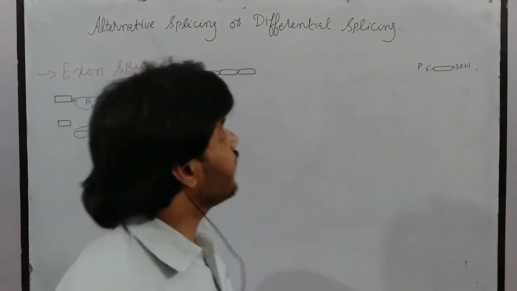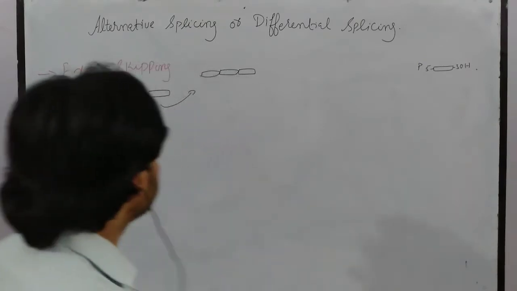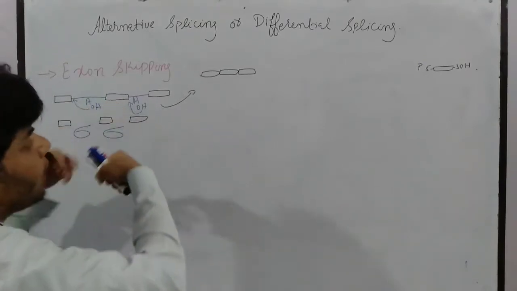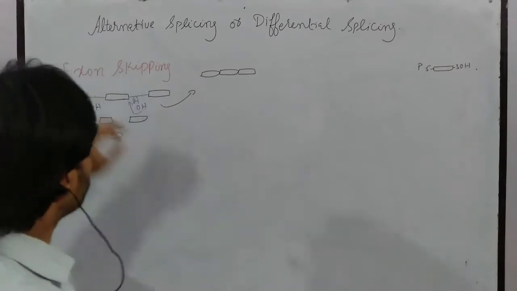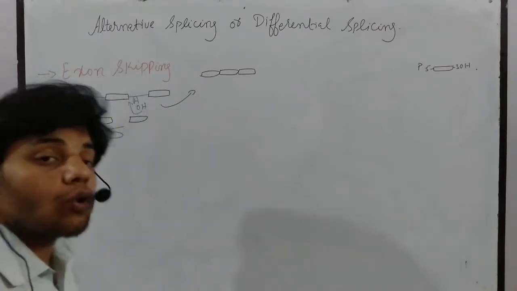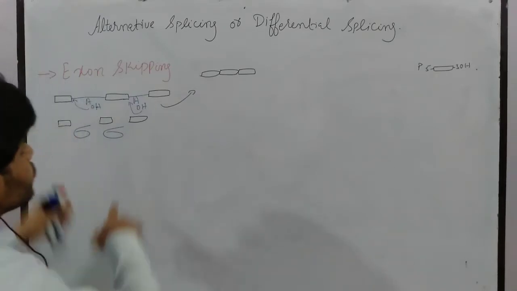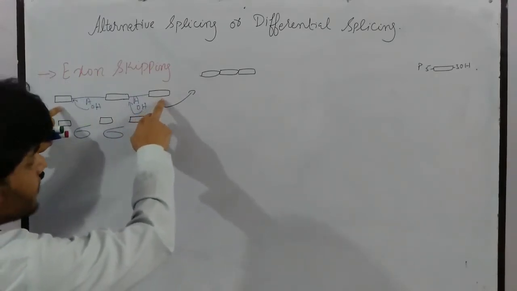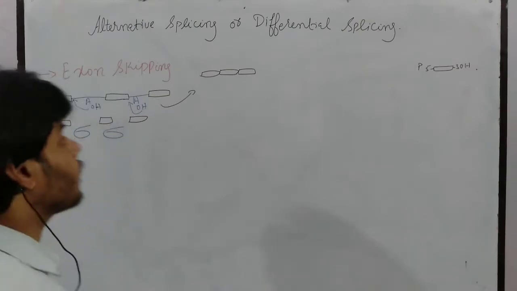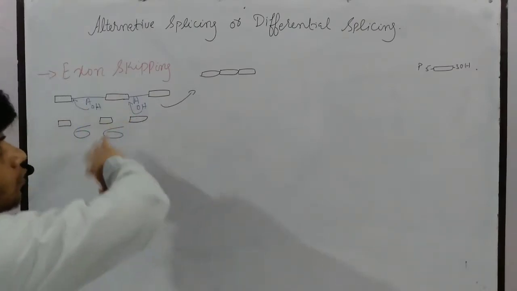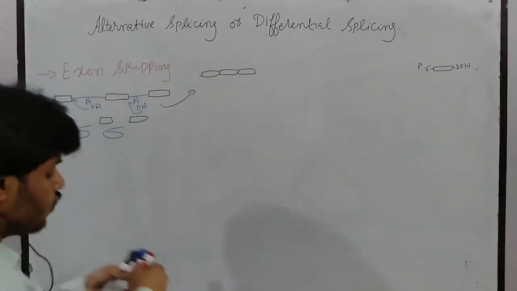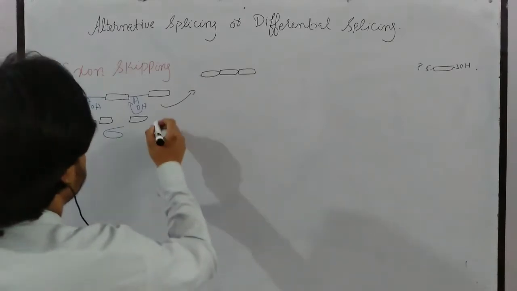Sometimes in alternative splicing, this one exon will be skipped, or this exon will also be removed along with the intron. So the first intron and the last intron will just connect to each other, and the mid portion will also be released out. This is called exon skipping.